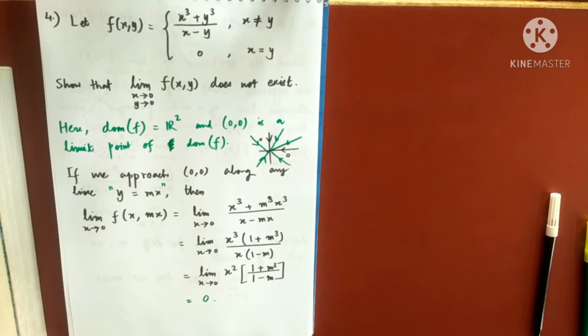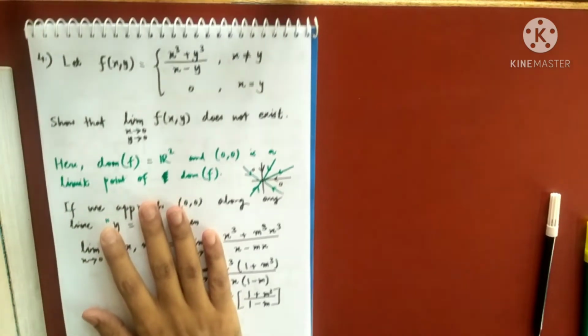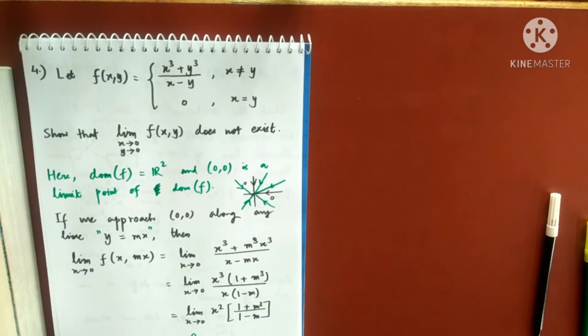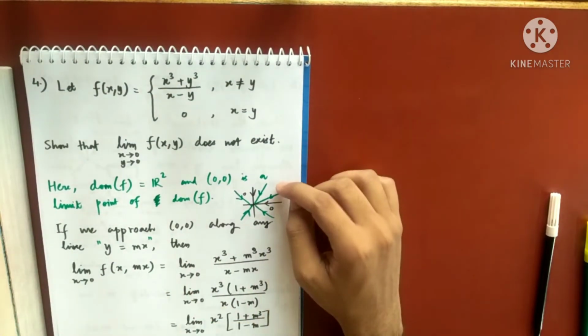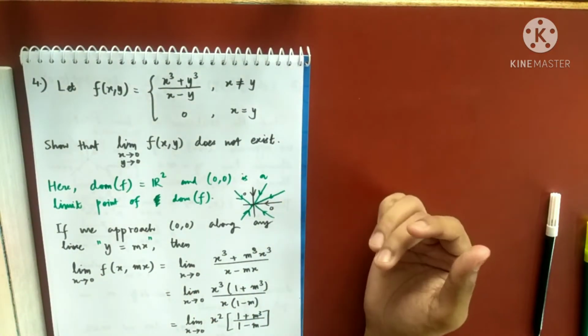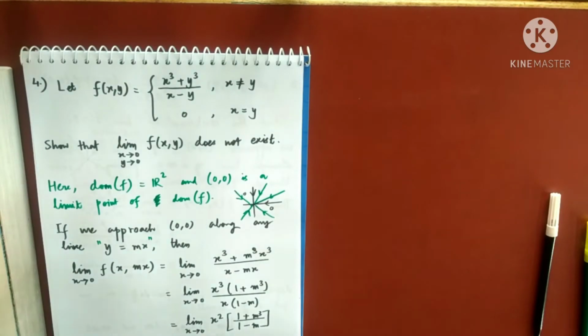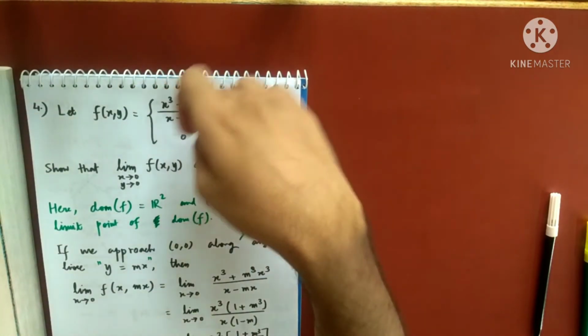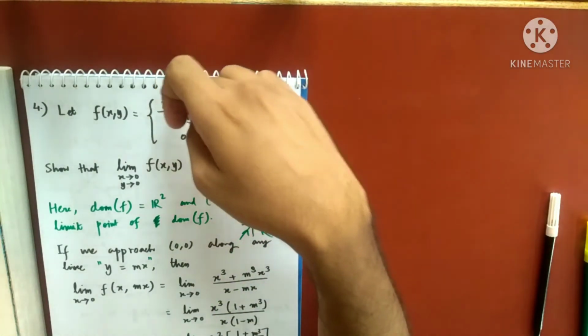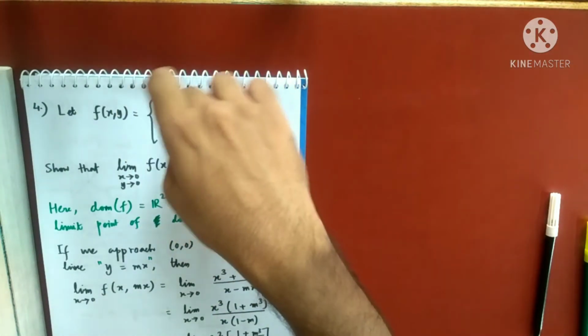So now I will choose a third degree polynomial. I'll approach (0, 0) using another polynomial. You may check, if you take any parabola y equals to mx squared and put it here, you will get 0 again, most probably because the denominator has x cube and this does not.